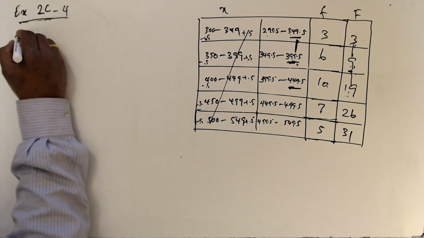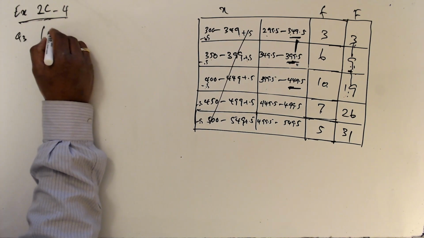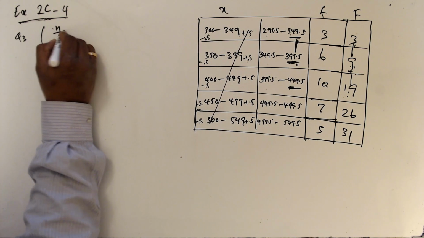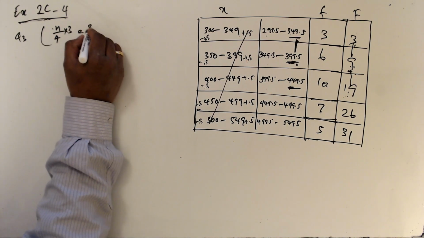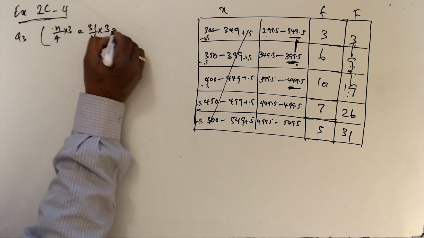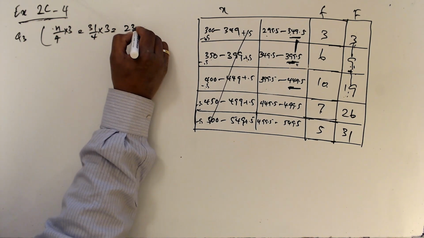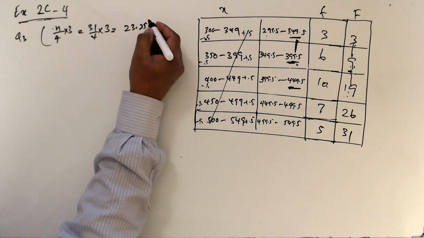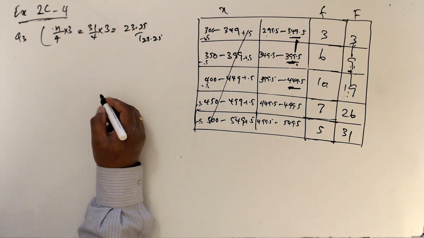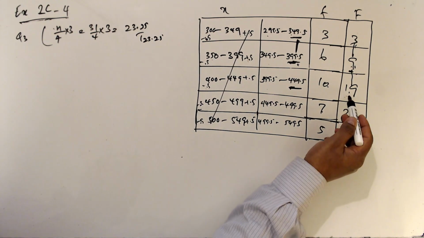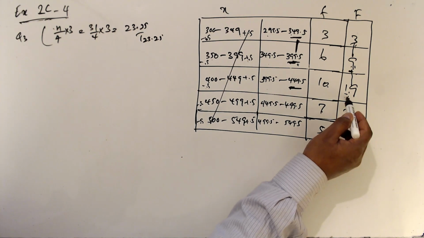Now the next one is the third quartile, Q3. That is the length divided by 4, and we want to consider the third, so 31 divided by 4 multiplied by 3. That is going to be the 23.25th term. Now term 19 is here and term 26 here, so 23.25 is in between.